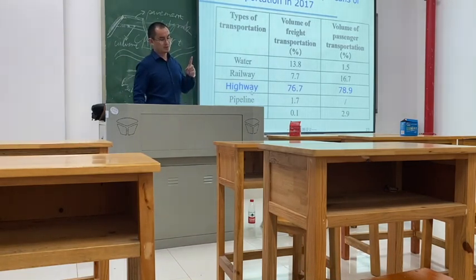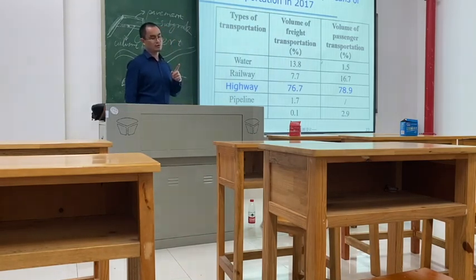Highway is the most important type of transportation because the ratio of volume of freight transportation is 76.7%, and the ratio of volume of passenger transportation is 78.9%.